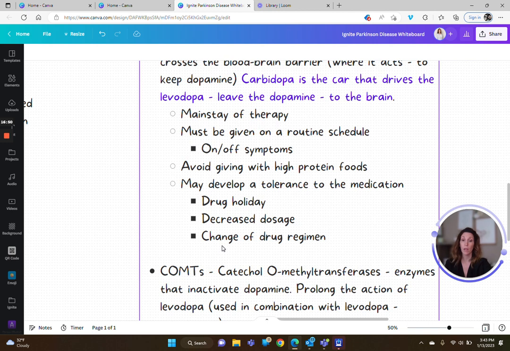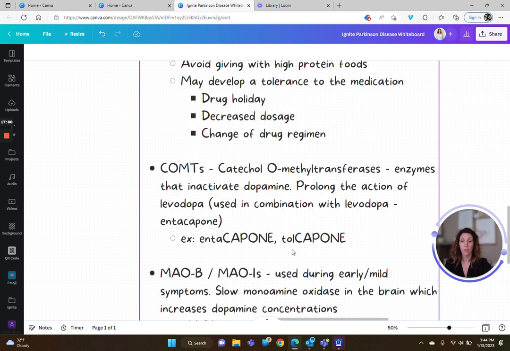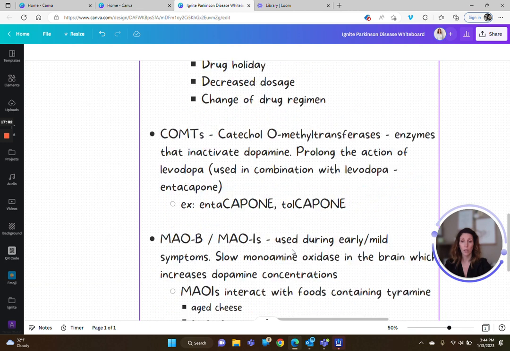So as I said, there's multiple things we can use to treat Parkinson disease, so we may just have to go a different route if the carbidopa-levodopa isn't working like it used to. Okay? And then we have COMTs, and we don't need to know this big giant word. We just know these are COMTs, and they are enzymes that inactivate dopamine, and they prolong the action of levodopa.